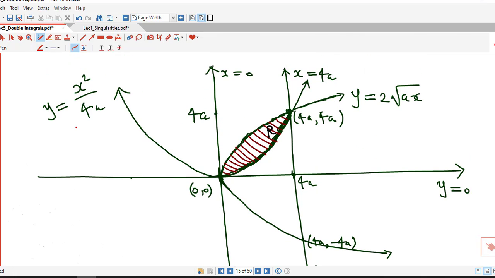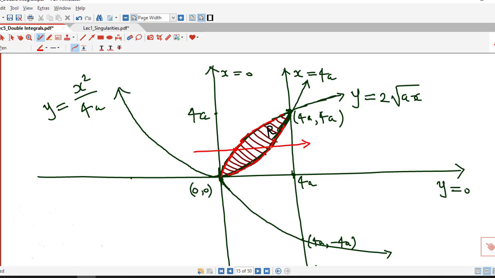We can consider a horizontal line passing through any part of the region. Here suppose this is the horizontal line, then we can see the line enters the region at this point, which is on this parabola. If we consider a line in any part of the region, it will enter on the same curve. Similarly, the line will leave the region on this parabola.